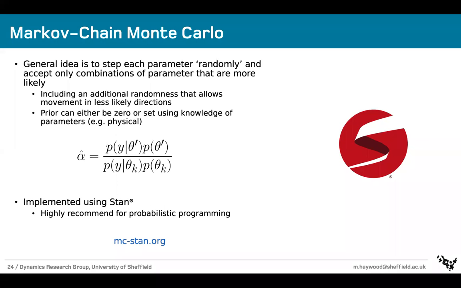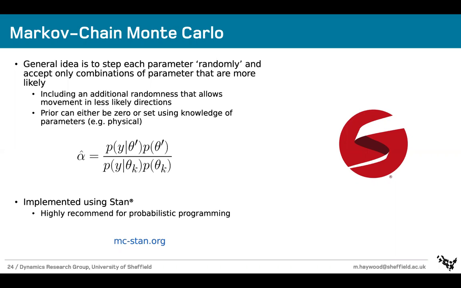In case anybody doesn't know what MCMC is, the general idea is you have a set of parameters that you want to optimize over, and at each step in the simulation, you walk randomly, in inverted commas, in a certain direction for each parameter. But the random walk is set by a prior that you set on each parameter.